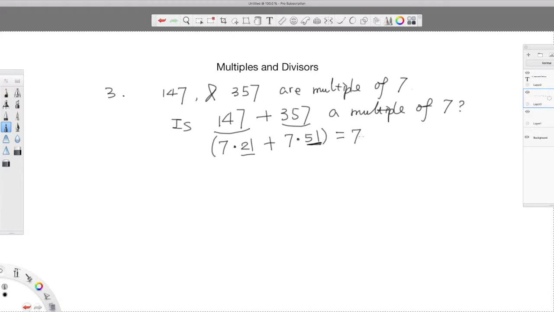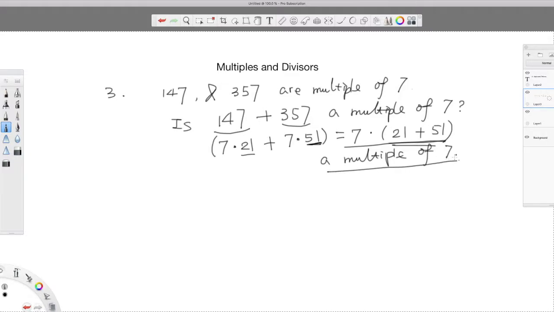This equals 7 times (21 plus 51). The actual answer, I don't really care. The only fact is, it is again a 7 times something. So of course, by the definition, this number is a multiple of 7. Okay?